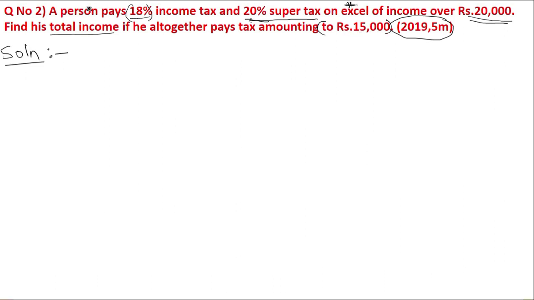So here, I'll just read this one once again. A person pays 18% income tax and 20% super tax on the excess of income over rupees 20,000. Find his total income if he altogether pays a tax amounting to rupees 15,000. So here, what is the total tax given?